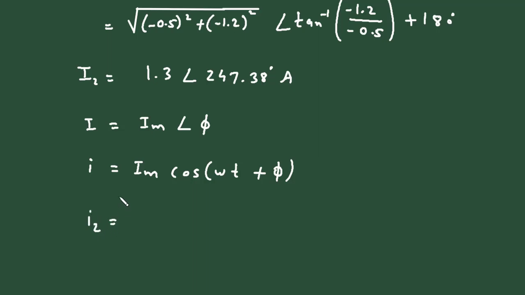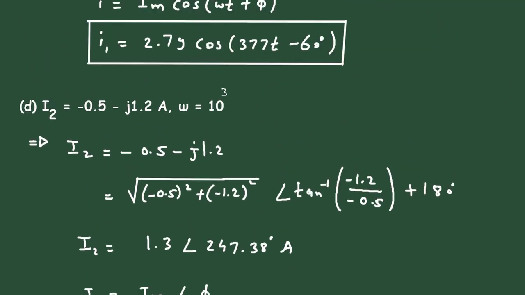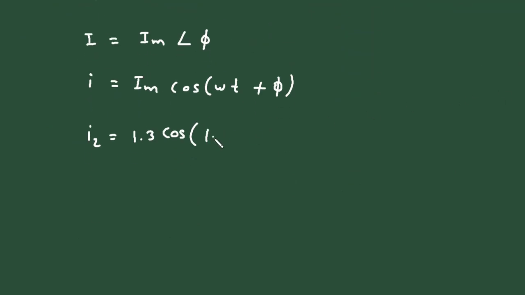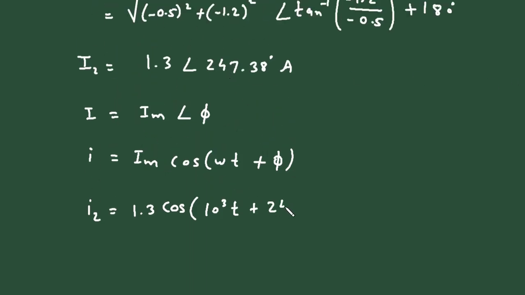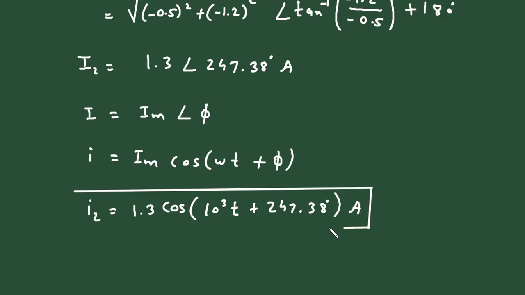So small i2 is equal to Im value is 1.3 cos, omega value is 10 cube, so 10 cube t plus phi value is 247.38 degree, and its unit will be ampere. So this is the final answer in time domain format.